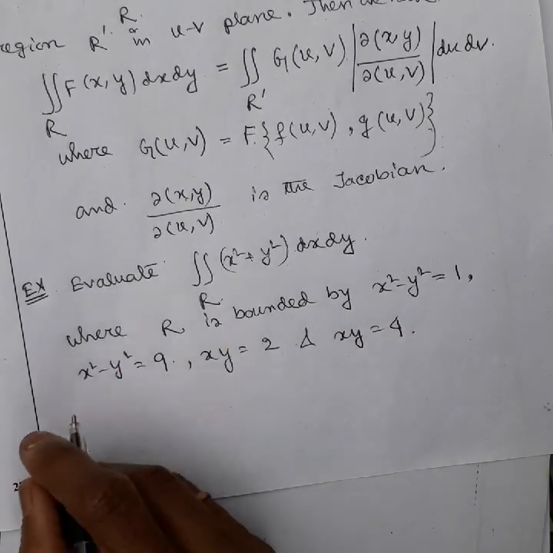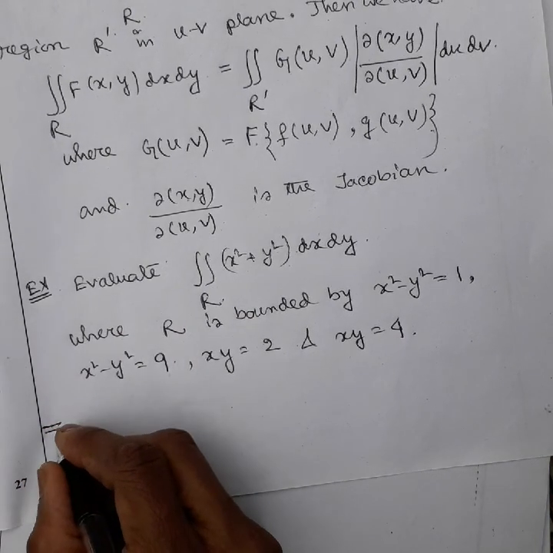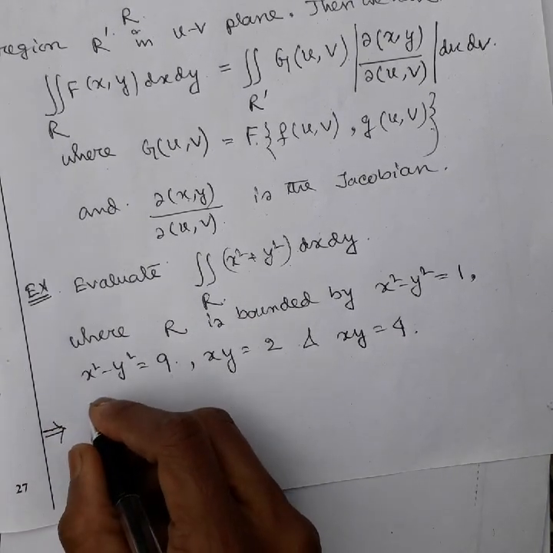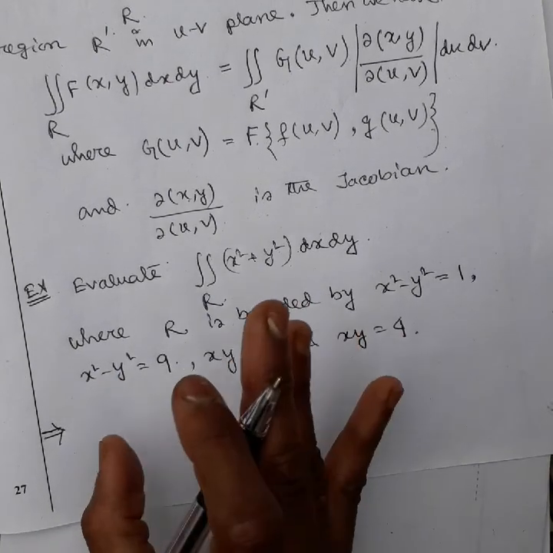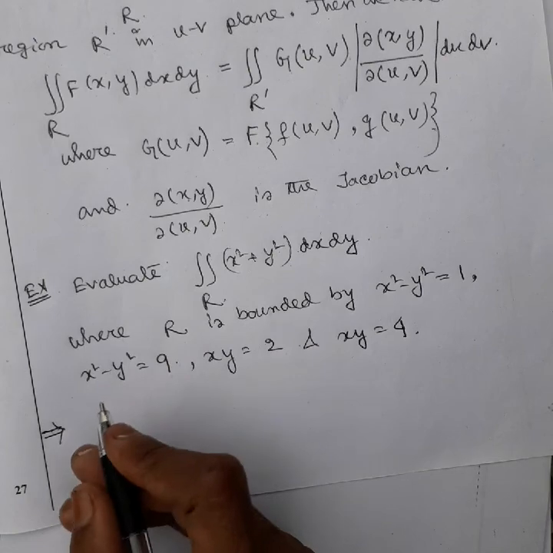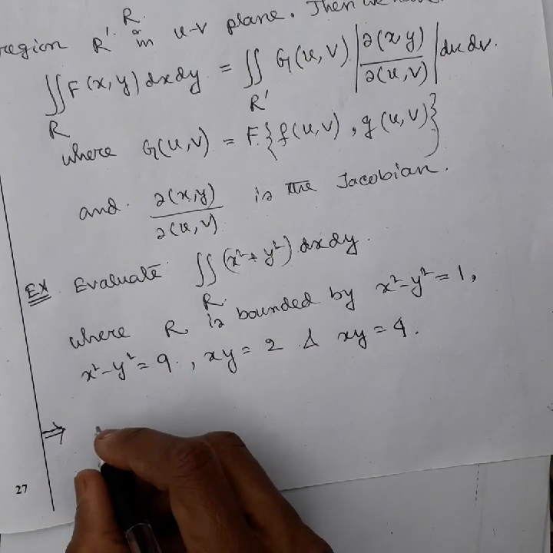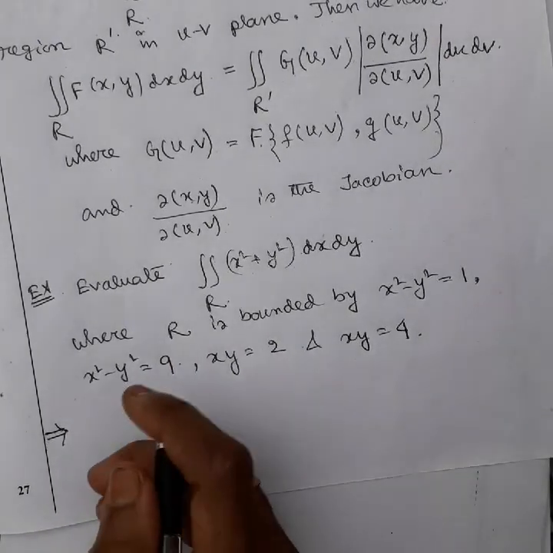So this is our question. Now to solve this problem, first we transform this double integral from the xy plane to the uv plane. So first we draw the figure.